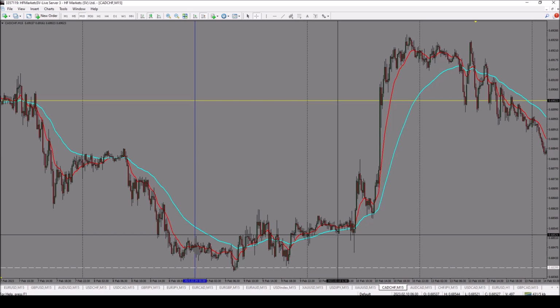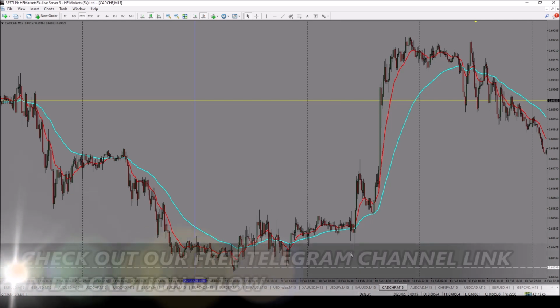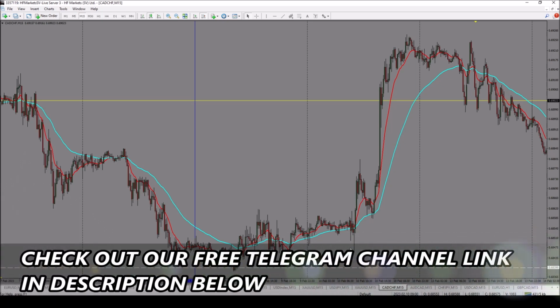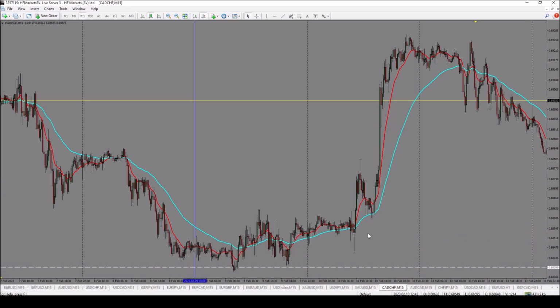Retest of the 50, close above the 13, which was at this candlestick that did that. Then our stop loss, we've said 10 to 15 pips. In this case, if 10 pips was going to be hit, it would be better to actually have 15 pips, which gives more room to your trading. However, if you had a 10 pips stop loss, this wick was going to take you out, right?